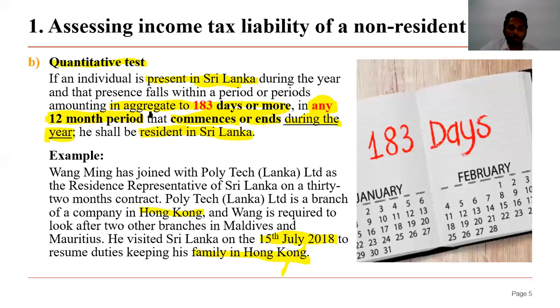Here, the 12-month period that commences or ends during the year. Commences or ends. The 180 days or more in any 12-month period commences or ends.